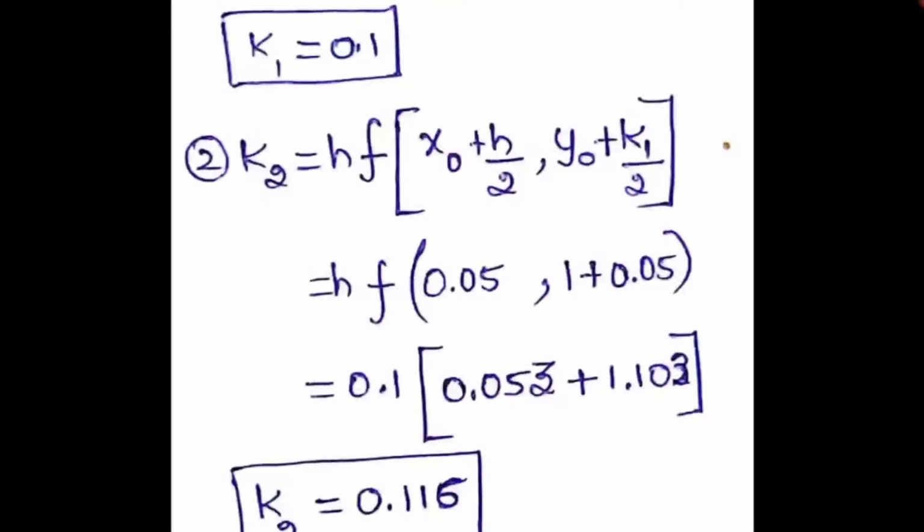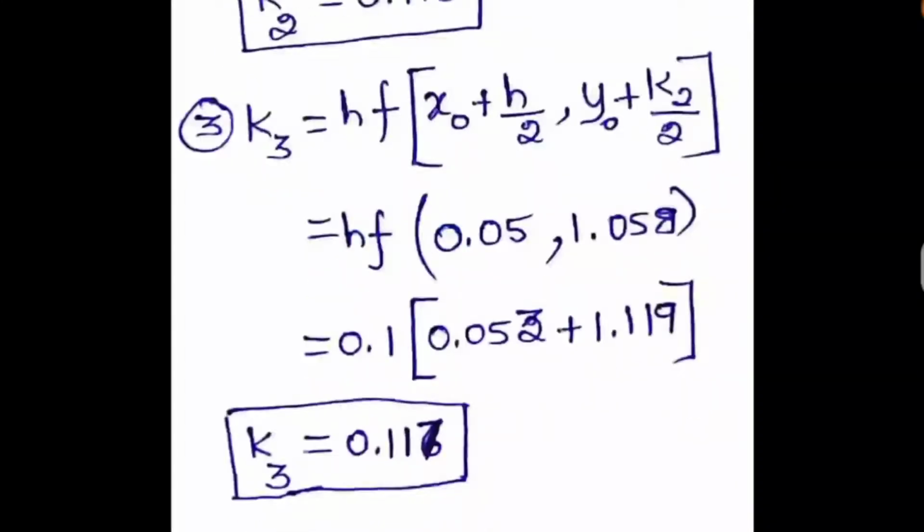So 0 plus h by 2 is 0.05, and y0 plus k1 by 2 is 1 plus 0.05. So the x value is 0.05 and the y value is 1.05. Substituting this x and y in the function xy plus y square, we get the answer 0.116. So this is your k2 value.